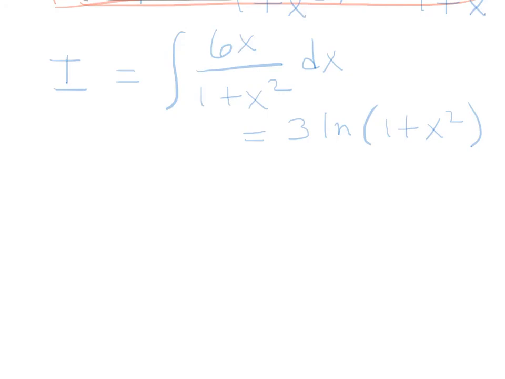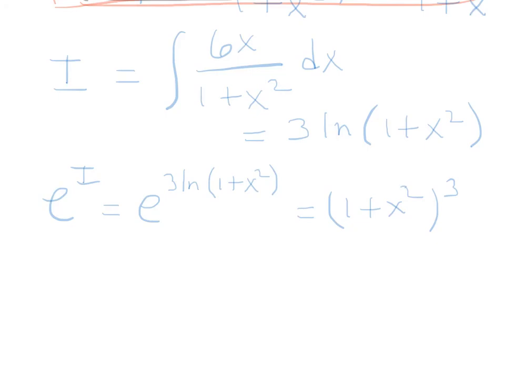Okay, so now that's I, and so e to the capital I is equal to e to the 3 natural log of 1 plus x squared, and that is very conveniently simplified to this particular form here.